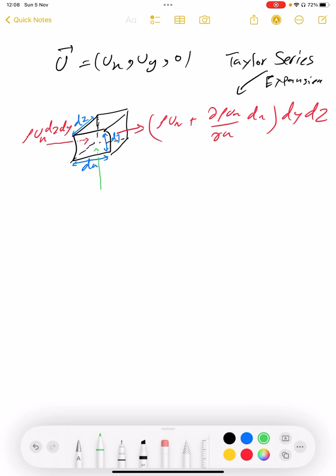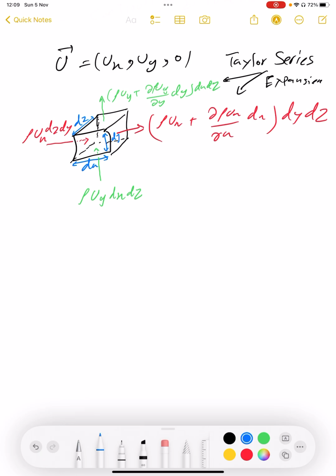So the amount of the fluid which is coming from that surface from the bottom would be rho uy dx dz, and the amount of the fluid which is coming out from that surface on the top would be rho uy plus variation of rho uy in y direction dy multiplied by dx dz, which, again, this one is also Taylor expansion.